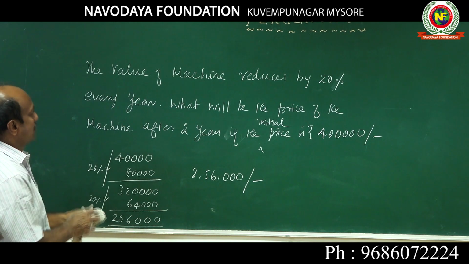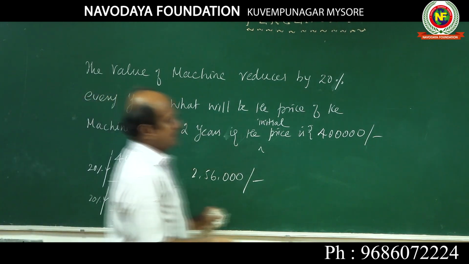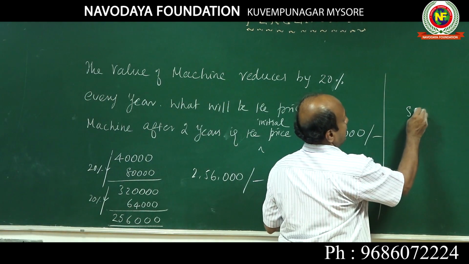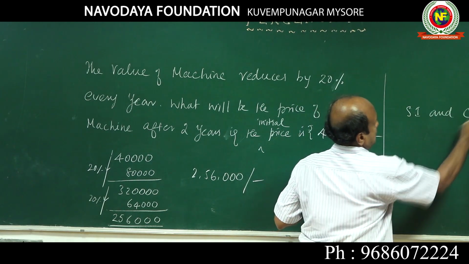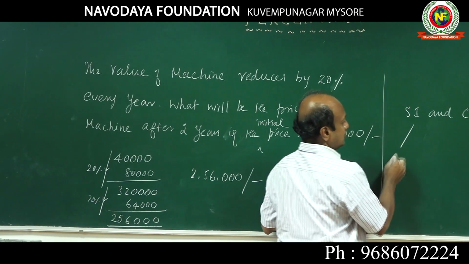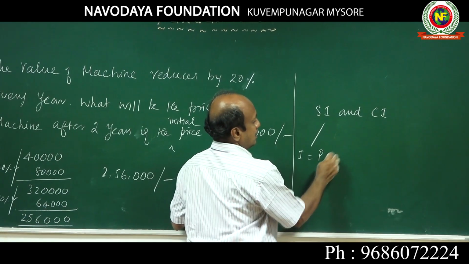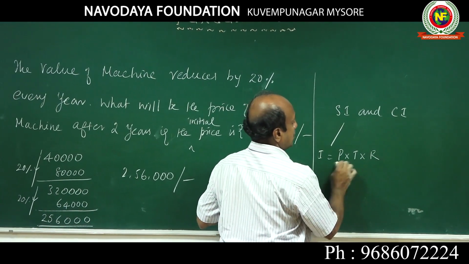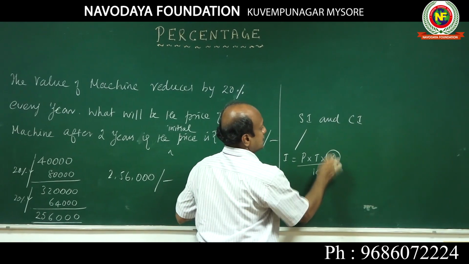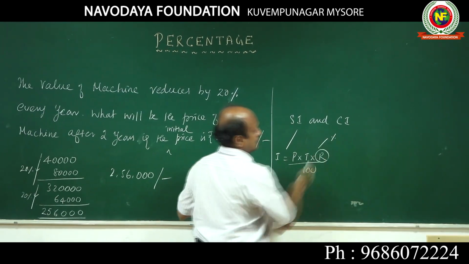There is a chapter called Simple Interest and Compound Interest. Here you are going to use the formula I is equal to P into T into R by 100, where R is in terms of percentage.